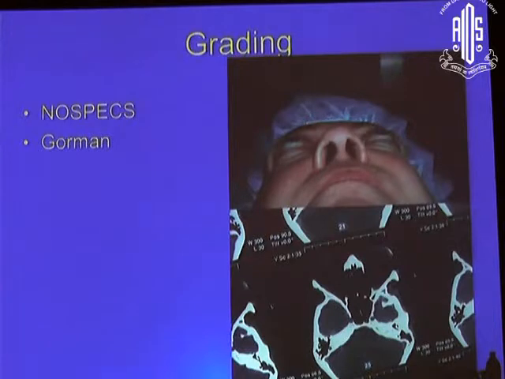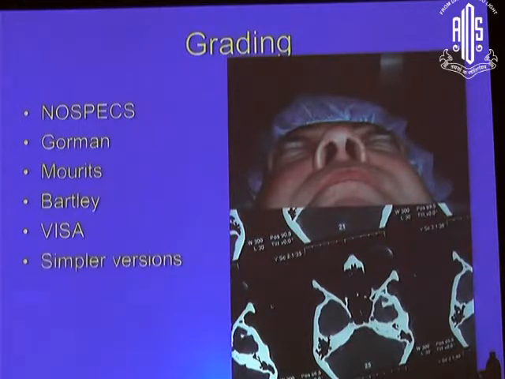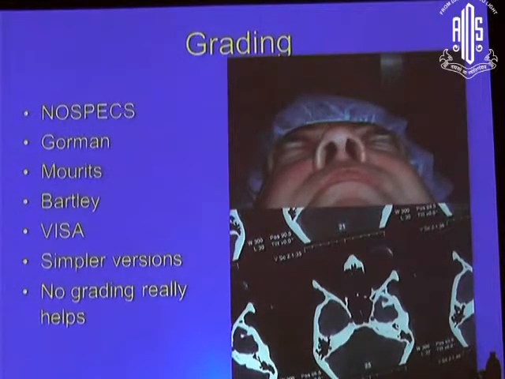There is a Gorman system, there is Mourits, which is quite popular in continental Europe, and there's Bartley in America, then the VISA system, which originated from Vancouver in Canada by Dolman, and then there are simpler versions which we tend to use. And there's no grading that really helps in the individual patient. It may help you in the follow-up, but not in the individual patient.